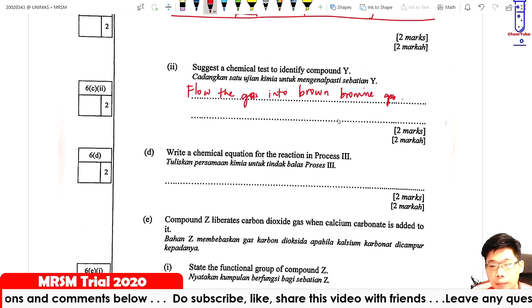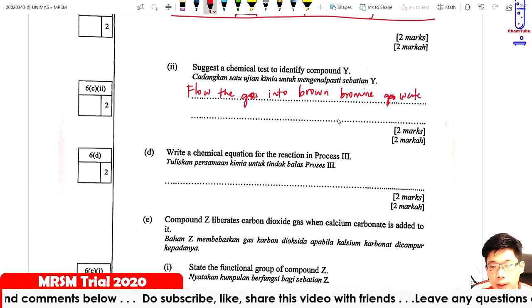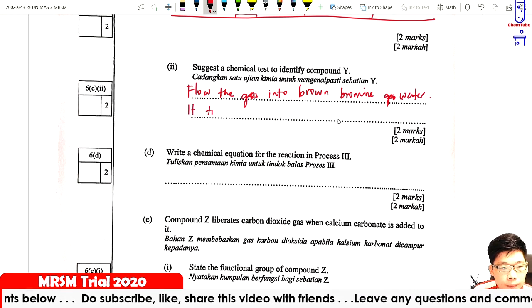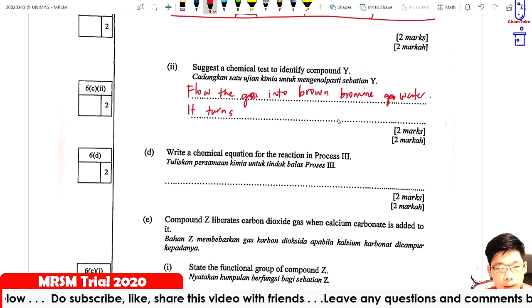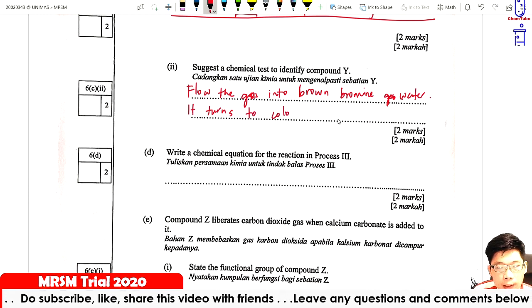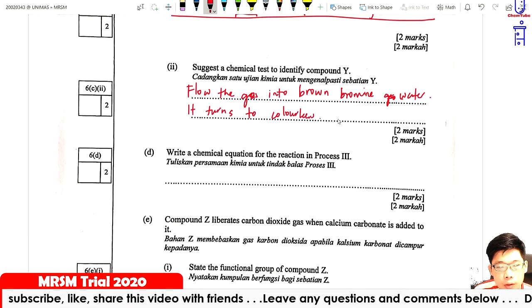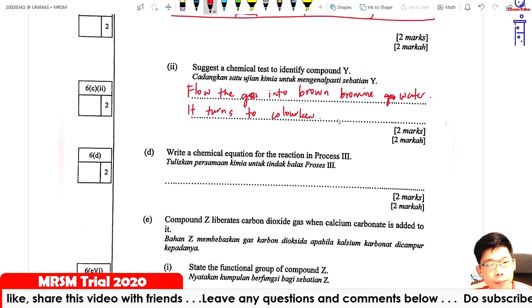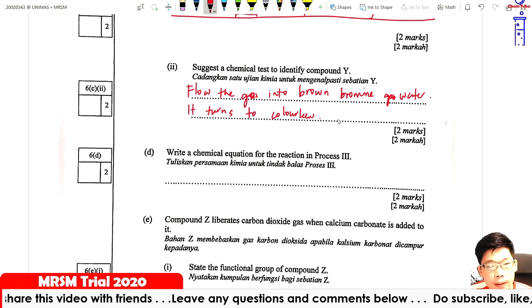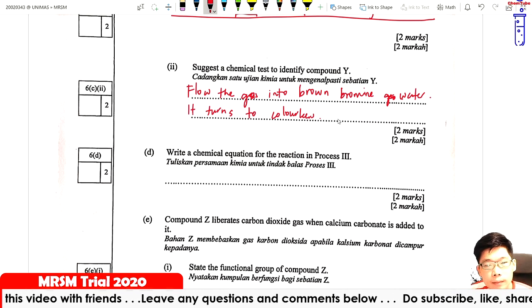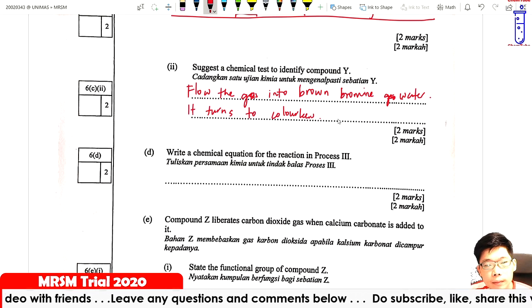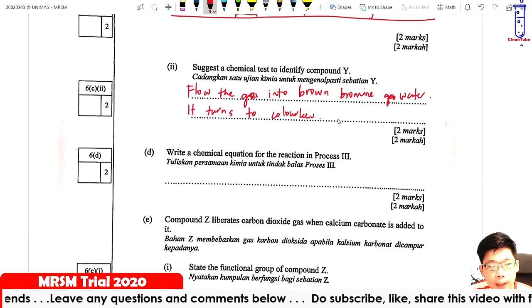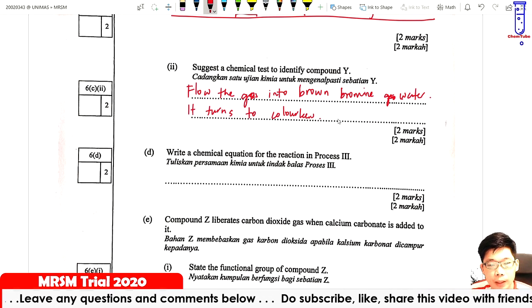Sorry, not gas, bromine water. So the brown bromine turns colorless to show that the gas, the compound Y, the ethene, is present.